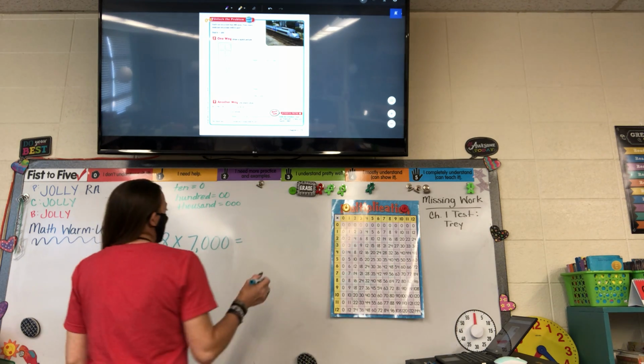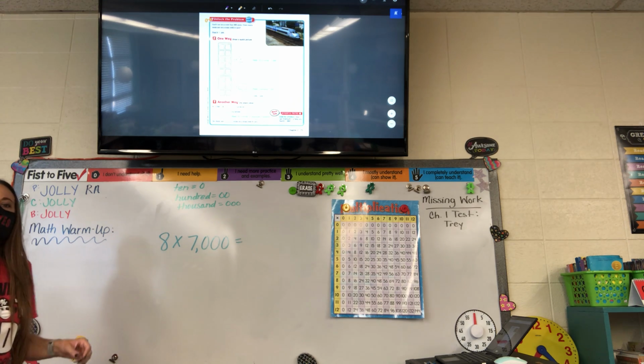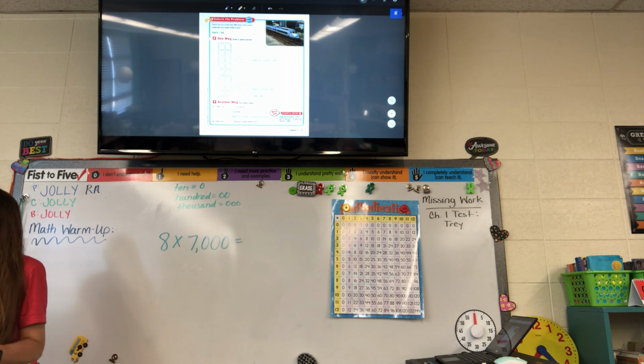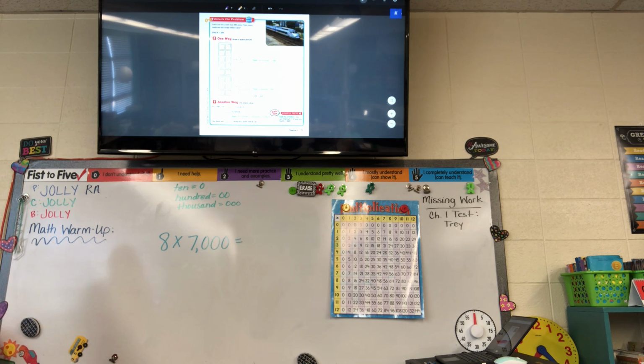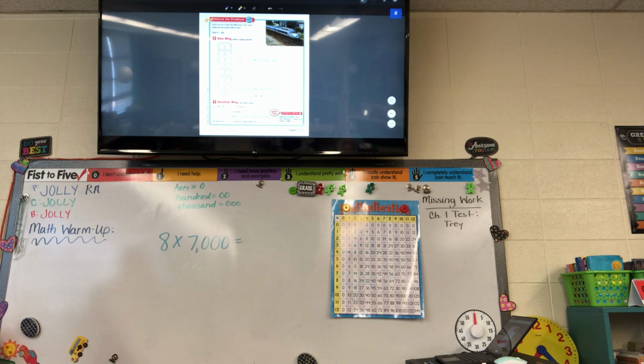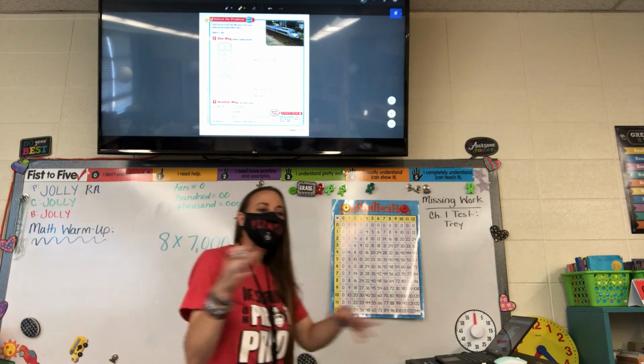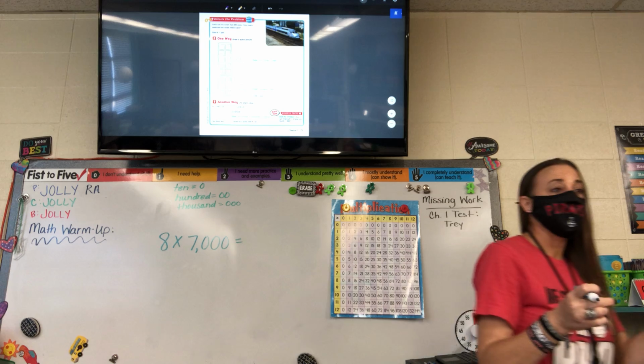So this is how you do this problem. You ready? Okay, step one, you're going to identify what's called the basic fact. Basic facts are what you should already have memorized coming into 4th grade.